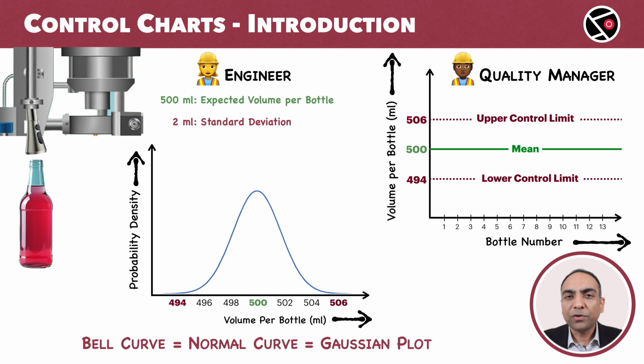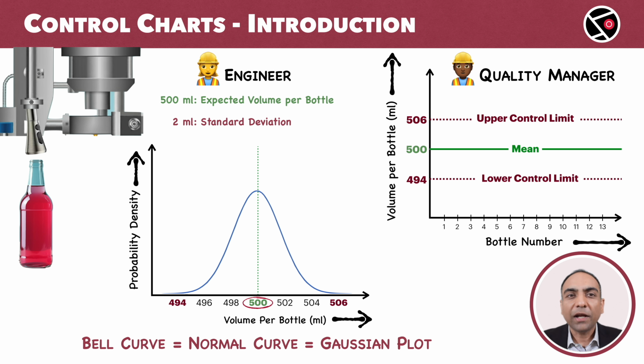We will not go into the details of this plot, but still, let me point out a couple of key points. This peak is where the probability density is the highest. The volume at this point is 500 ml per bottle. This means that the likelihood of having 500 ml is the highest. Remember, we are talking about probability here.